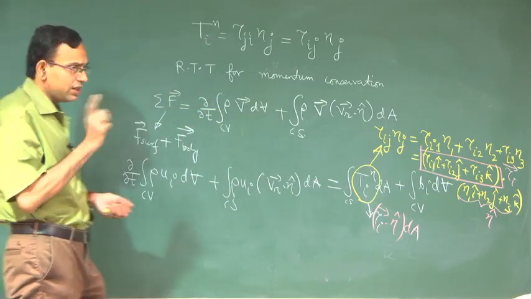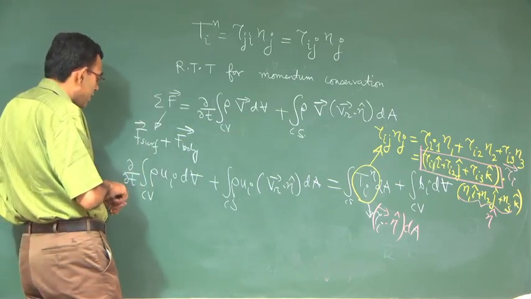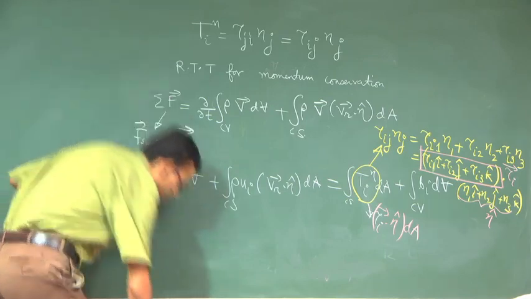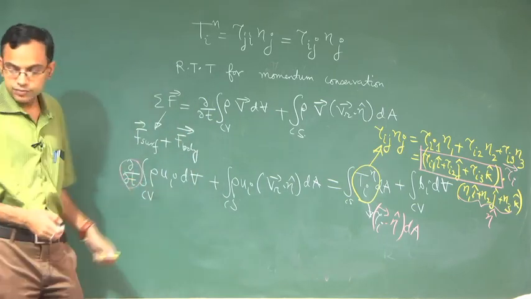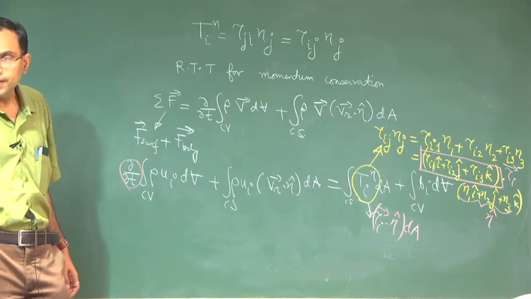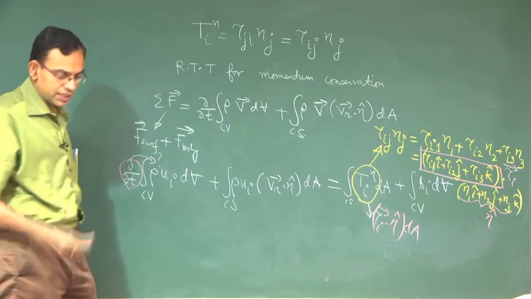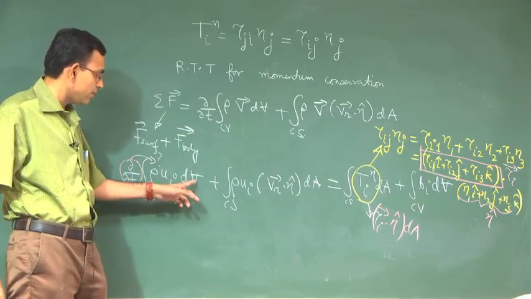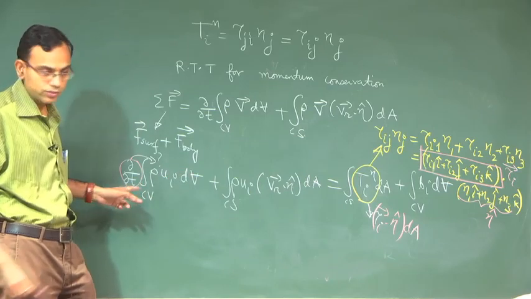So, only one thing is restricting us, that is this time derivative is outside, we want to bring it inside. Question is when can we do? We have discussed it earlier, we can do only if this V is not a function of time, that means non deformable control volume.